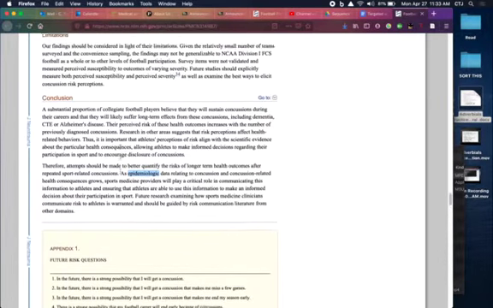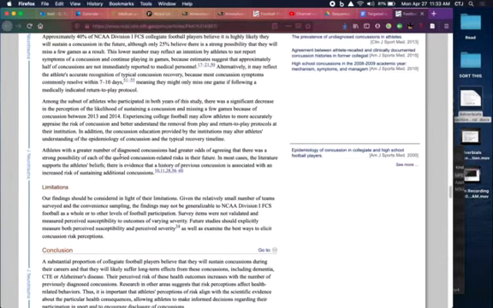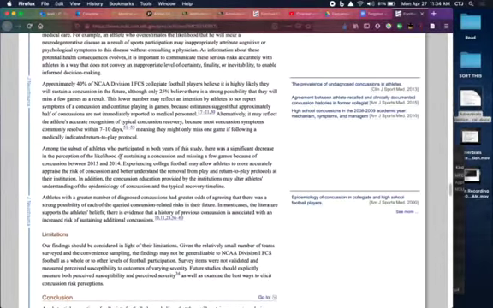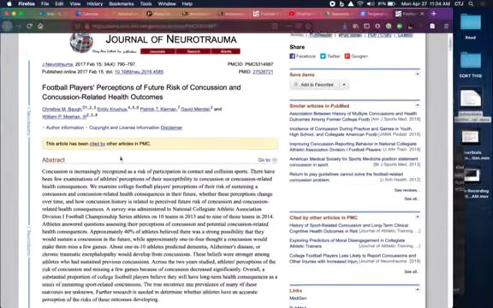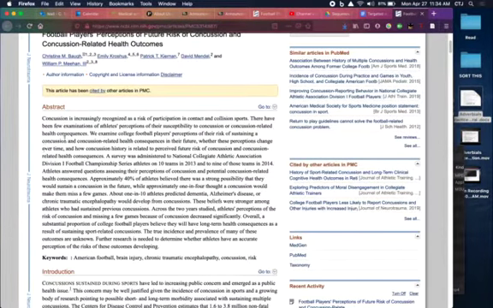so now that you understand that the whole study is about football players' impressions of their short-term and long-term health effects from the risk of concussion, now you can go back and look at the abstract again. Abstracts are good in that you can briefly get a lot of information because they try to cover the whole study in a very short paragraph.